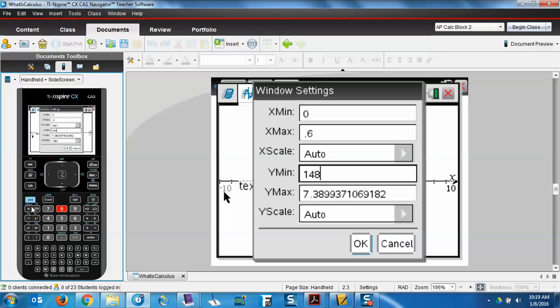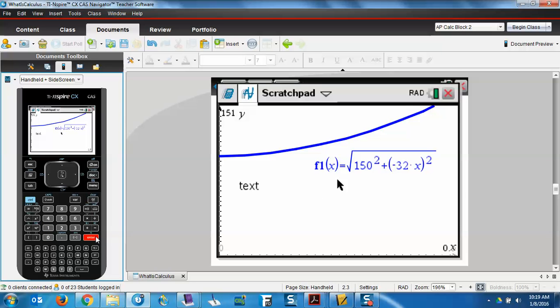And then maybe 151, because the speed is staying right about 150 but getting a little faster. Does that seem reasonable for what the speed is doing? It's going up. It starts at 150, and as it drops, it's getting a little faster, so the speed graph is going up.